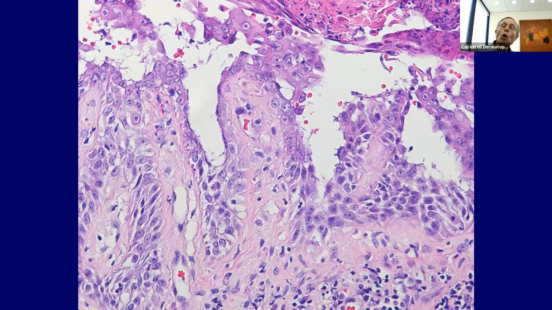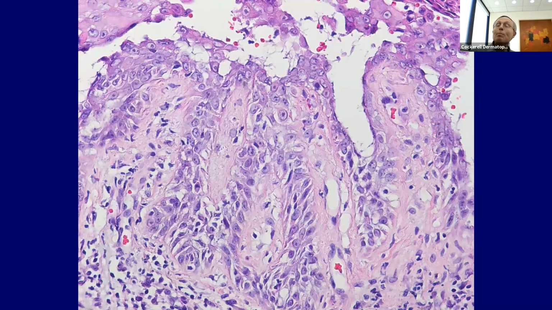This one's got more dyskeratosis than the average bear, if you will. So most Hailey-Hailey doesn't have this much dyskeratosis. So this is kind of an interesting pattern. If I just saw this alone without any further information, I would probably favor Darier's personally, just under the microscope.